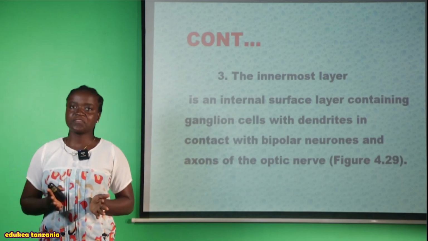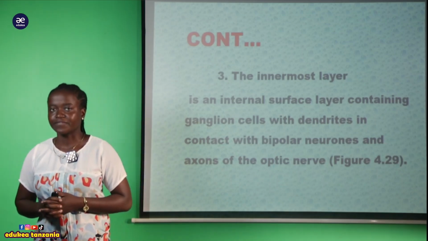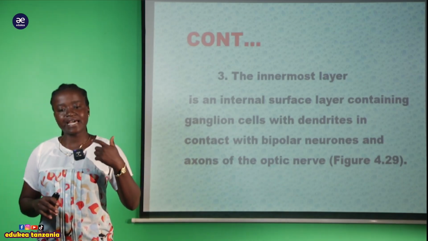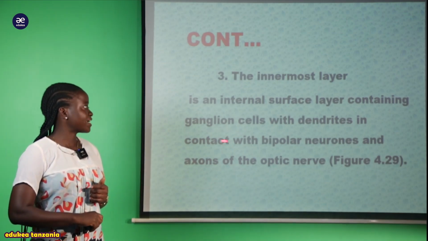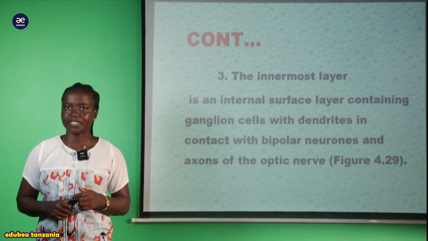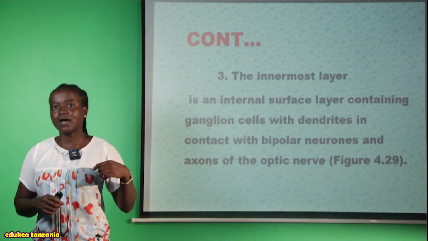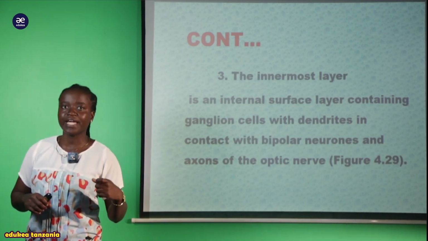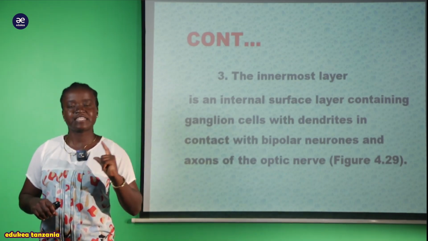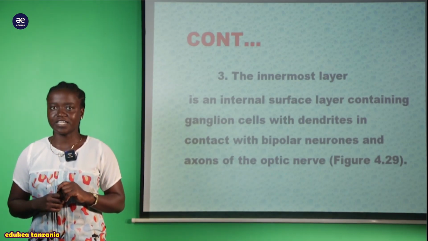So now let's explain this innermost layer of the retina. Tumesema hii layer ya ndani kabisa ya retina is where ganglion cells are located. Together with the ganglion cells, there is also a bipolar neuron that connects the middle layer and the inner layer of the retina.